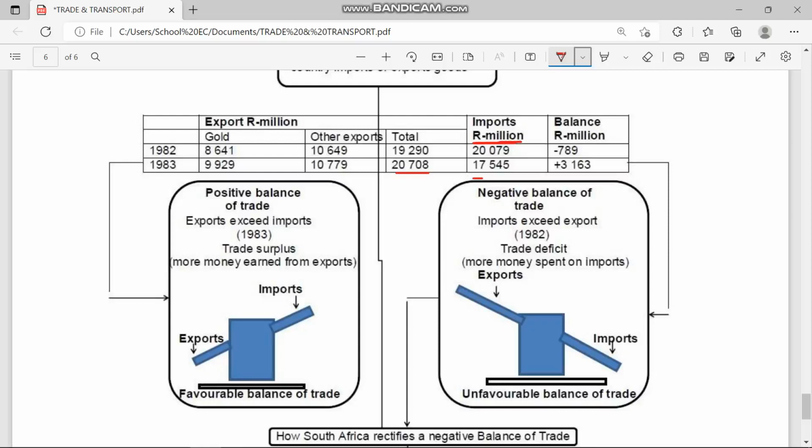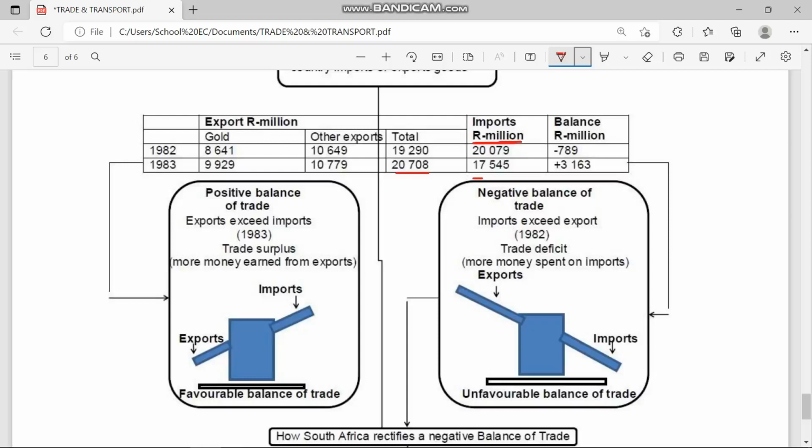So the balance, which is the outcome now, was 3,163,000, meaning that it's plus, it's a positive balance of trade, as you can see in 1983. The reason why it's positive is that we exported more goods and services, a higher value, than we imported.